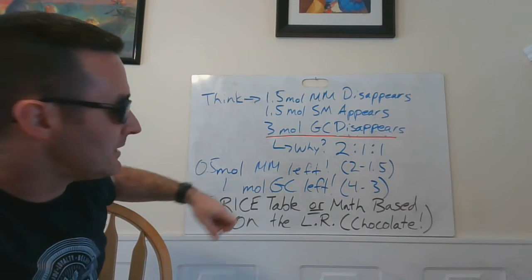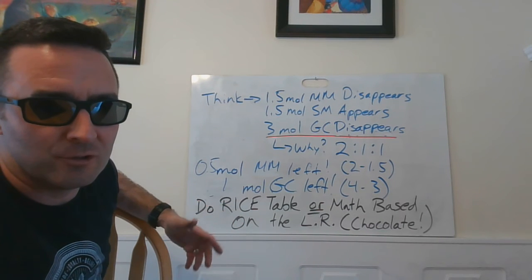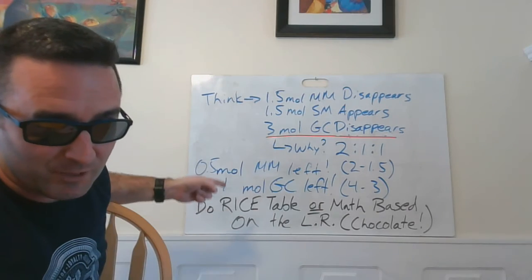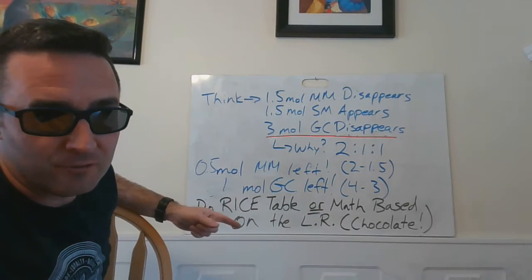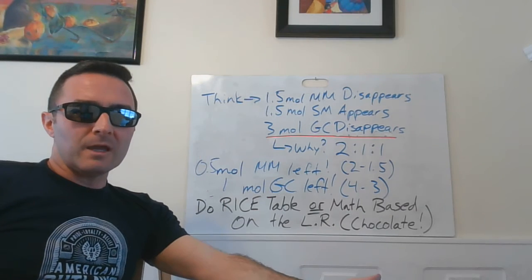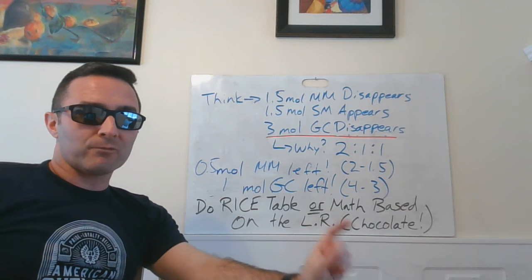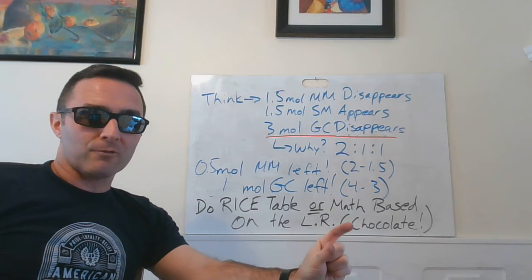Okay, so you've got 2 ways of doing this now. You can either do a rice table, which I'm going to show you how to do, or you can do the math method. And you've already done the math. You calculated it through when we went through ingredient by ingredient.